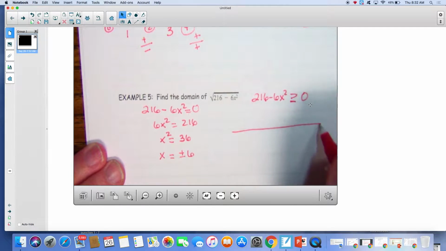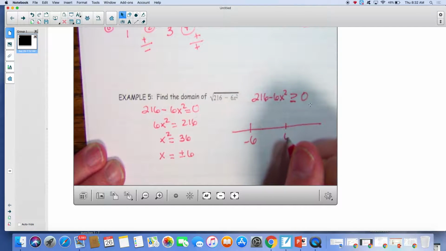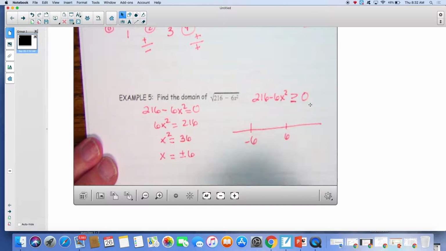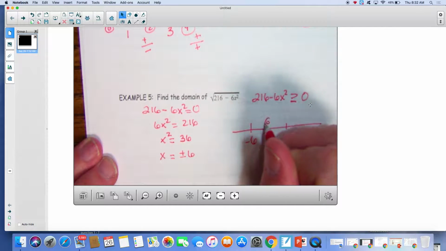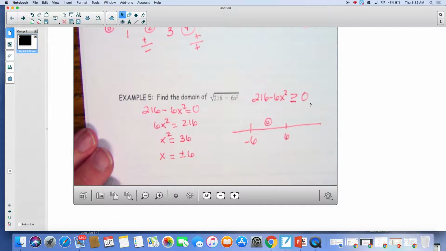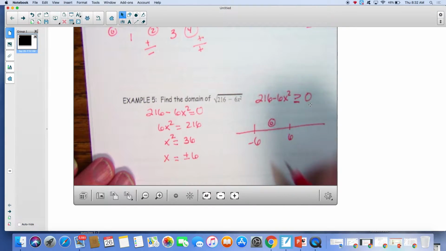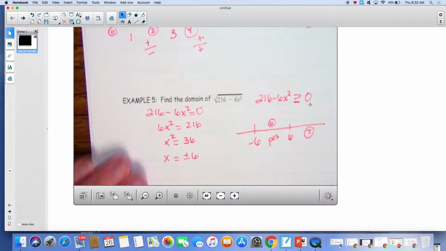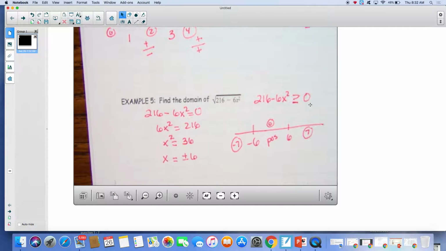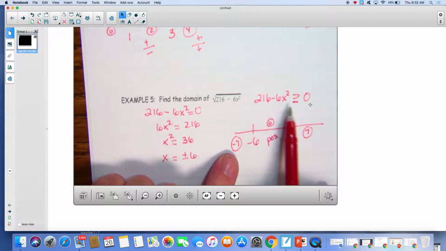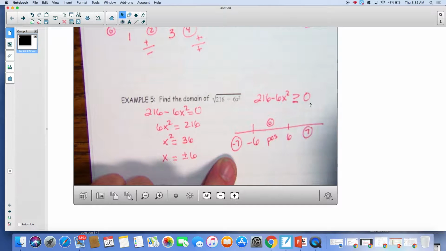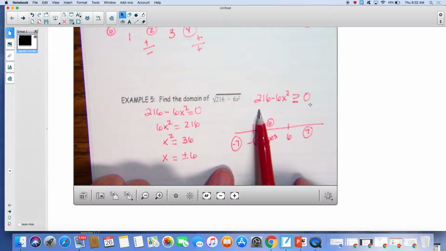So then our intervals are -6 and 6. Zero falls right there between -6 and 6. So 216 is bigger, so this one's positive right here. That's the easiest one. 7 and -7. Well, when I square both of them, we get 49. What's 49 times 6? It's bigger than 216, isn't it?